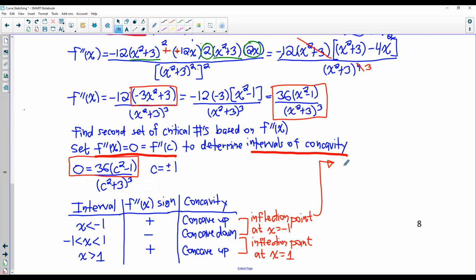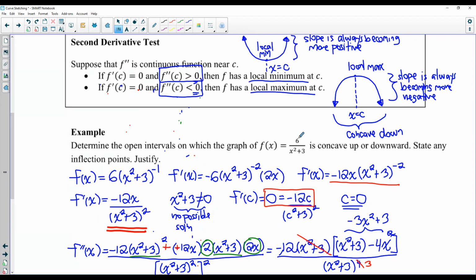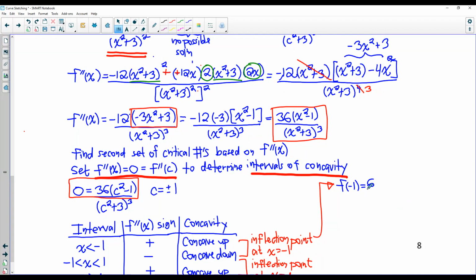So plugging back into the original equation for your points of inflection, if we had f(-1), and we plug it back into the original equation to get the corresponding y value, this would be 6 divided by (-1) squared plus 3, which would be 6/4, which is equal to 3/2. So one of your points of inflection would be (-1, 3/2).